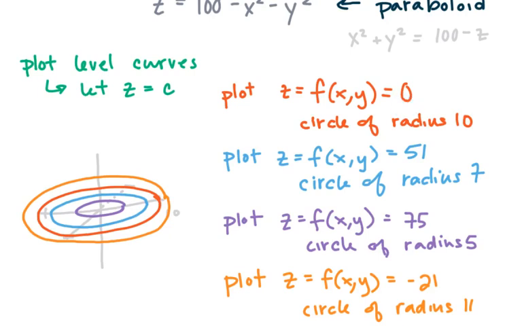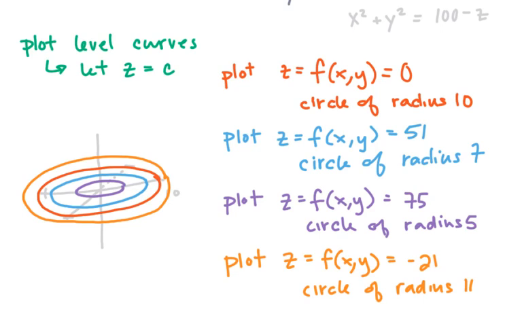Z equaling 0, this red circle is on the xy plane axes. My 51 and 75 z's, if we were to pull these up into the air, the blue and the purple circle, and then the orange circle would actually go down below. All right, so all of these circles together are going to kind of help us visualize what's going on. We have a small circle up in the air, and as these circles go down, they're becoming smaller and smaller.